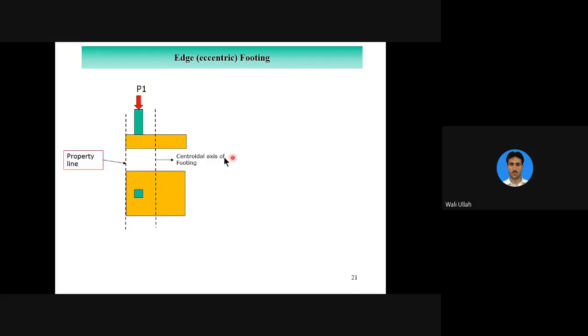This is the centroidal axis of the footing. On this centroid, there is an eccentricity. Look, this load is eccentric. So that system would be equal to a load and a moment on the soil.